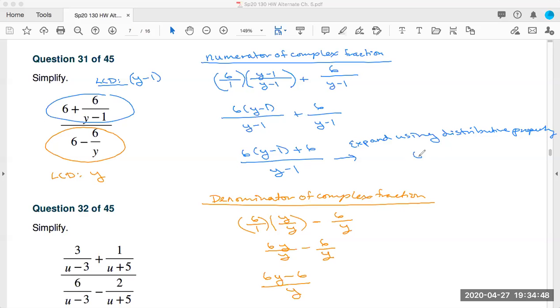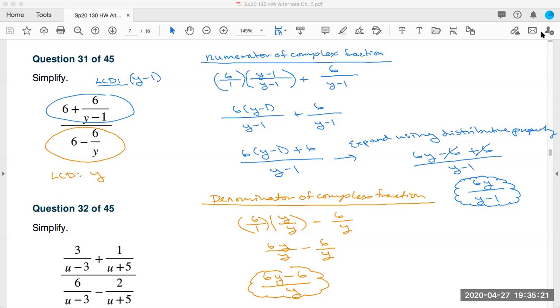We get 6y minus 6 plus 6 divided by y minus 1. 6's cancel. 6y over y minus 1. So I'm going to bubble it so you know it's not the right answer yet. That's just what we're going to use to replace numerator and denominator of complex fraction.